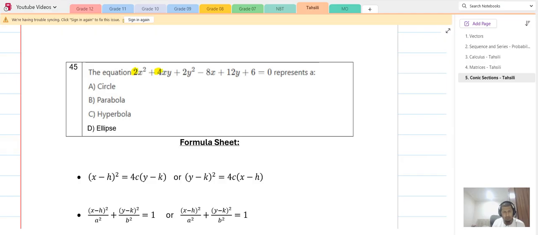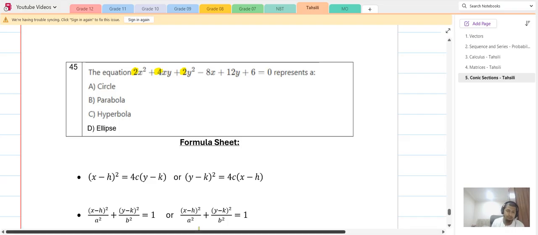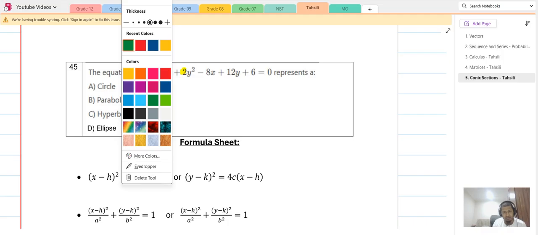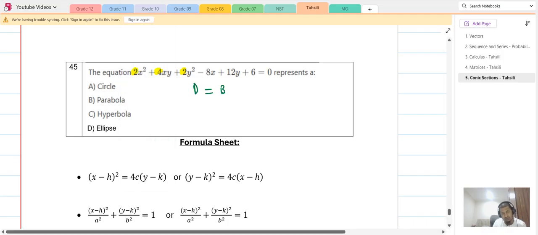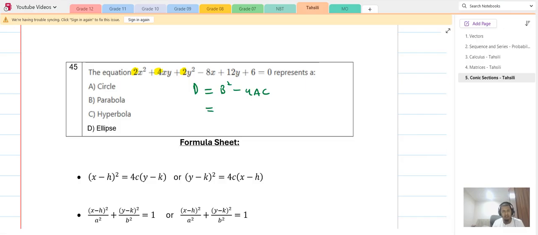We got 2, we got 4, we got 2, and we got minus 8 plus 12 plus 6. What does that represent? We can see that a is equal to c and b is not 0. Let's find the discriminant. Discriminant is b squared minus 4ac.